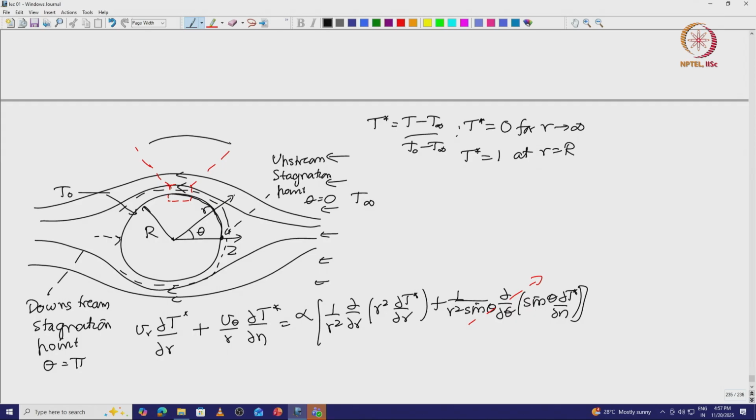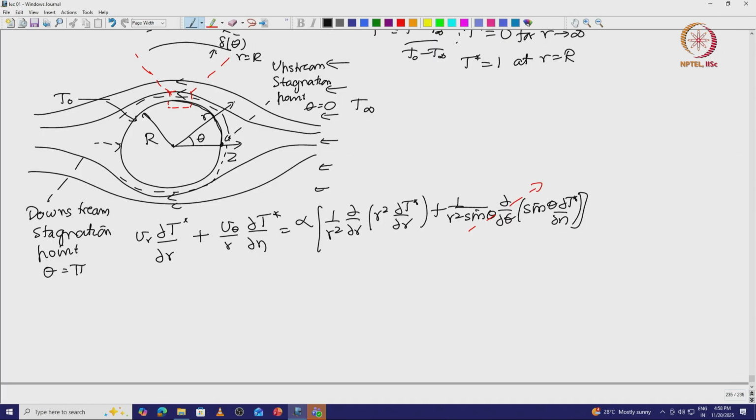So, this is the surface, r is equal to R. Away from the surface, you would expect the diffusion to be limited to a thin boundary layer delta. That delta has to be a function of the streamwise direction. Streamwise direction in this case is theta. So, we expect delta to be some function of theta.